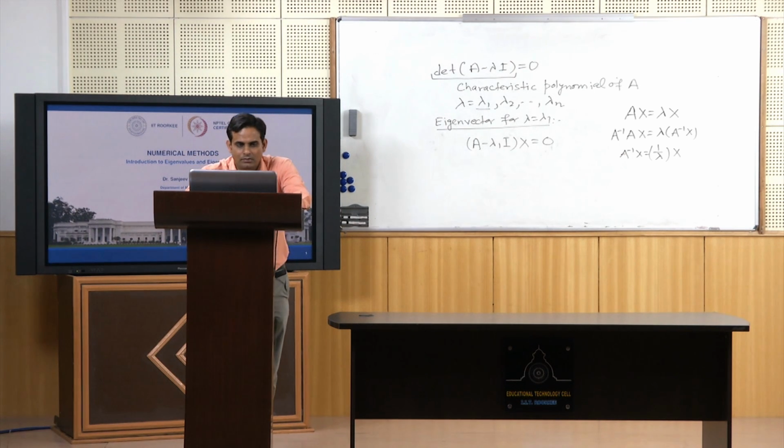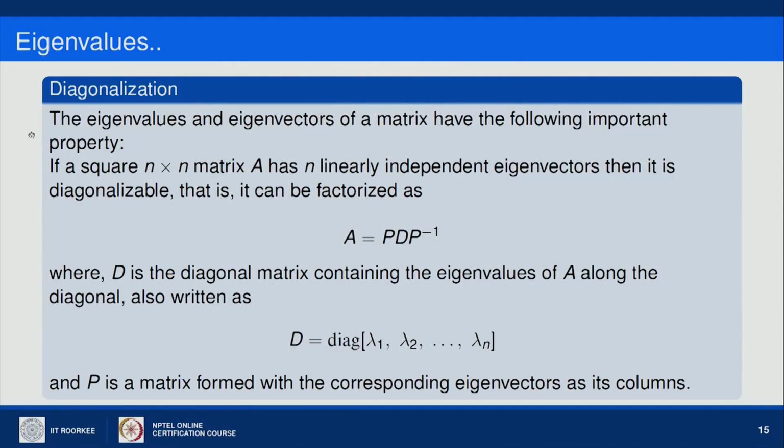Now, what is the diagonalization of a matrix? The eigenvalues and eigenvectors of a matrix have a very important property: if a square n by n matrix A has n linearly independent eigenvectors, then it is diagonalizable.